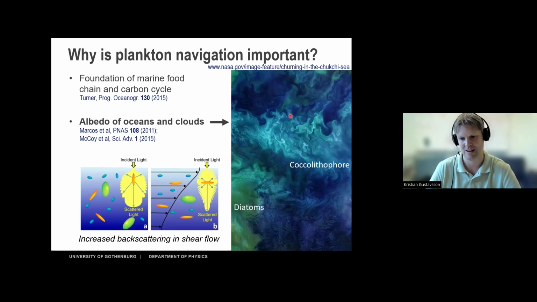You can see here an illustration of two different species of plankton, diatoms and coccolithophores. They significantly change the albedo, or the color, of the ocean surface, and that's significant for the radiation balance of Earth on a larger scale.